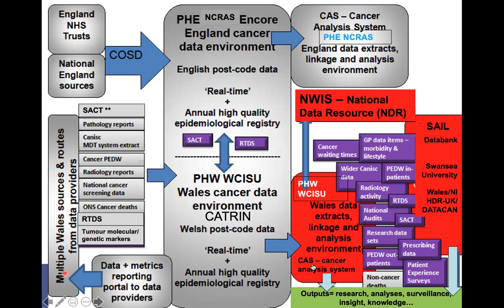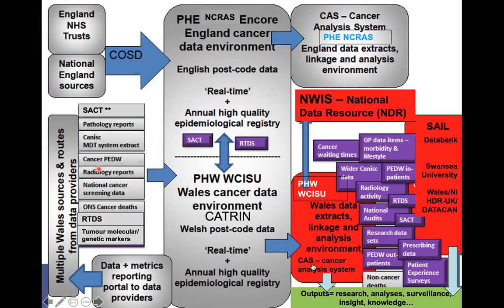Many of these come already grouped up into a national data set, not directly to us via health boards. So we have the Welsh limbs. We've just seen those pathology reports. That's one of our major sources of identifying cancer cases and getting information on stage and morphology.